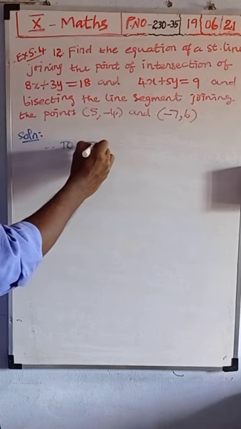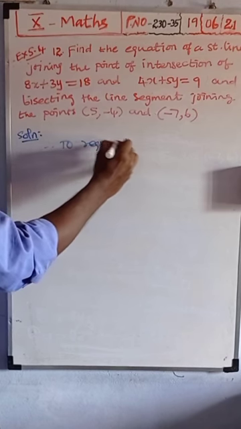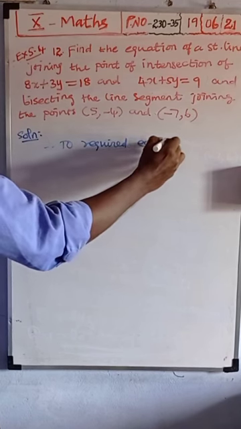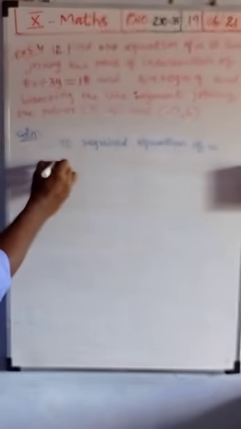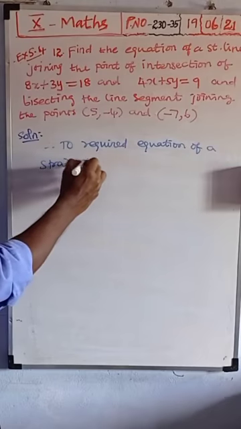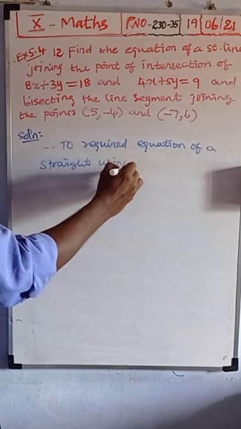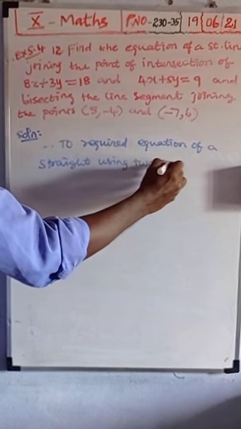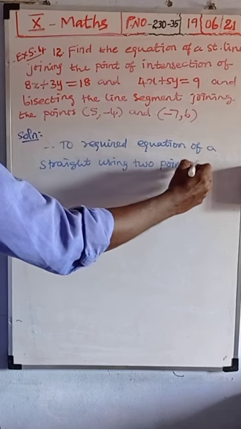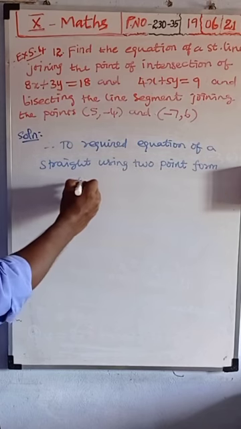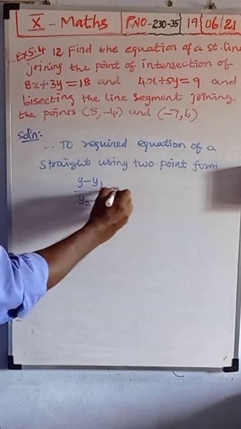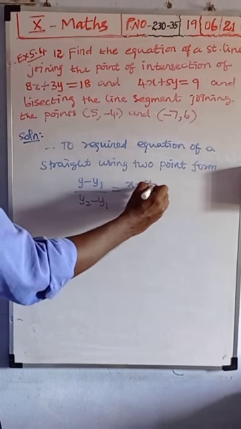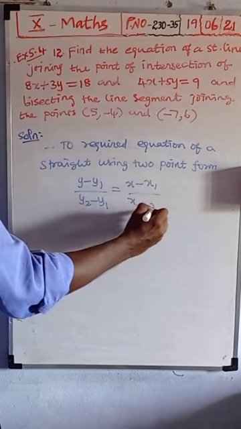To find the equation of a straight line using the 2-point form, because we received 2 points: y minus y1 by y2 minus y1 is equal to x minus x1 by x2 minus x1.